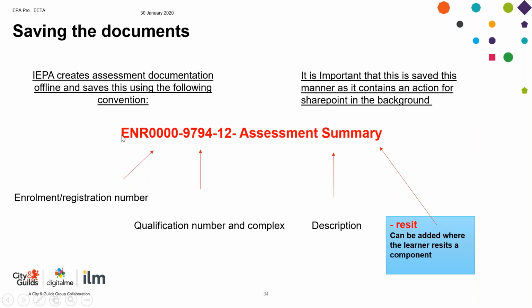That convention is the ENR number, which is our registration number, usually 3 letters and 4 numbers, and then the complex number, the 6-digit number that relates to the standard.